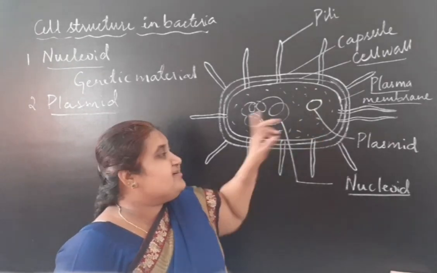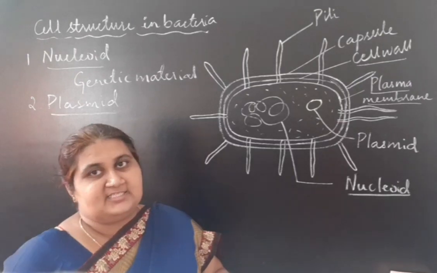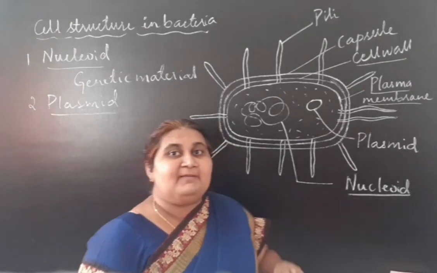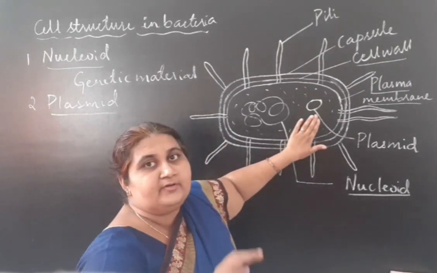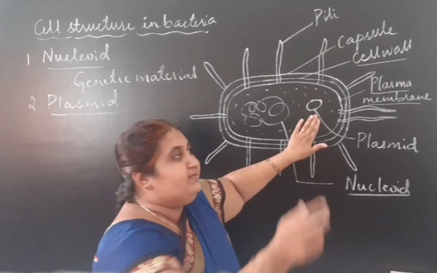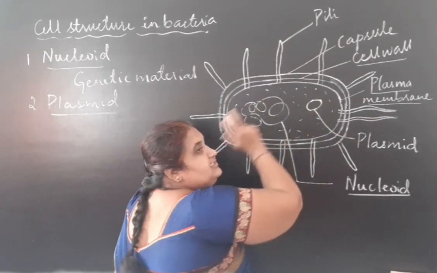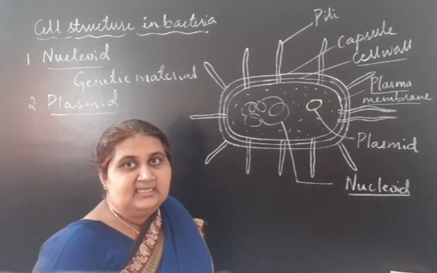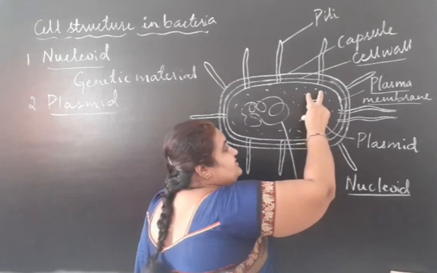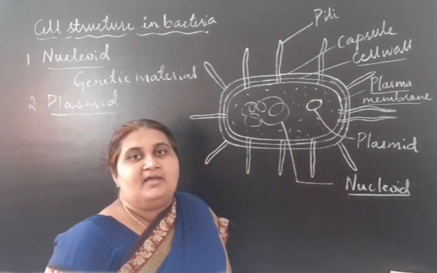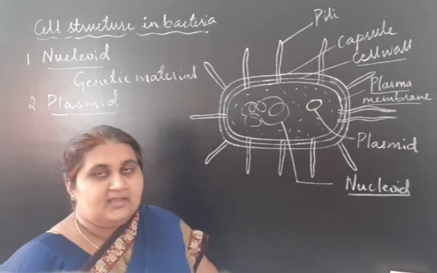What is the important feature of a plasmid? It can replicate on its own, can produce one more copy without depending on the genetic material. Whenever it requires, it can undergo replication.